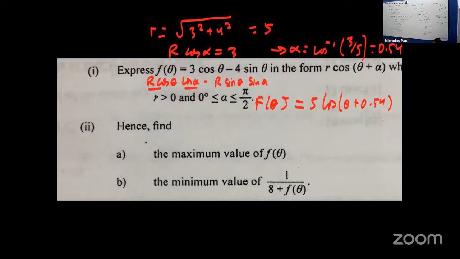How much you got? 0.93. Nathan, what you worked out? Cos inverse what? Tan what?